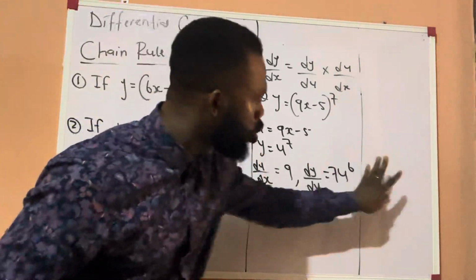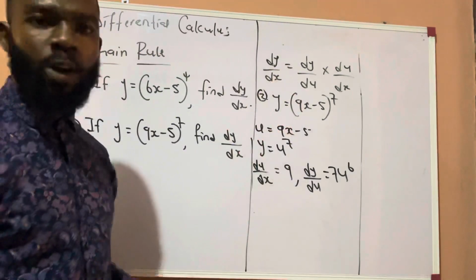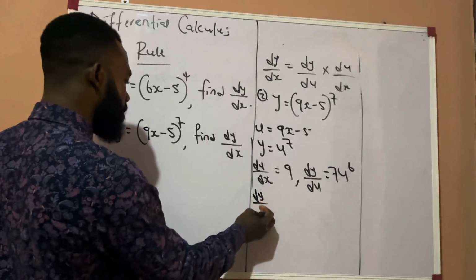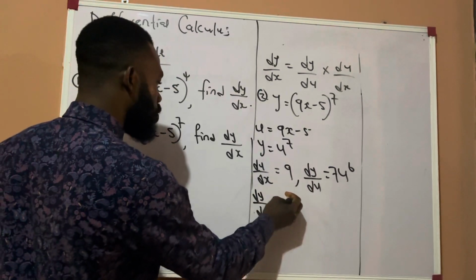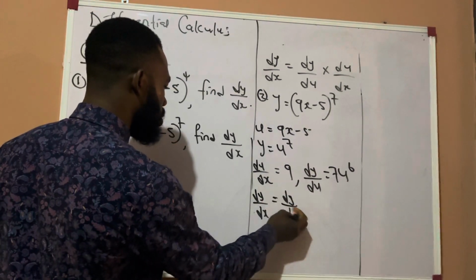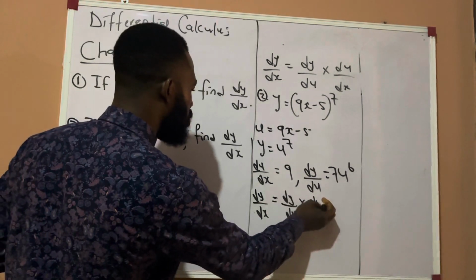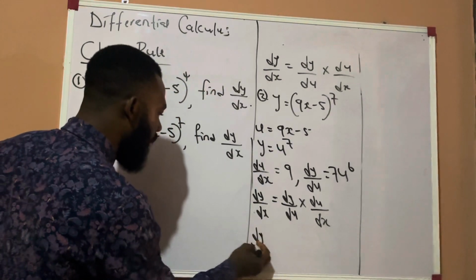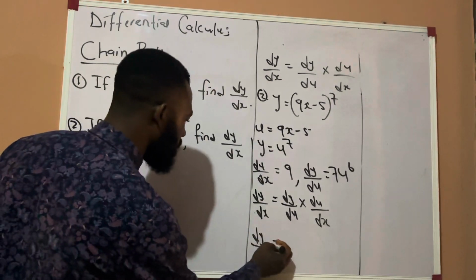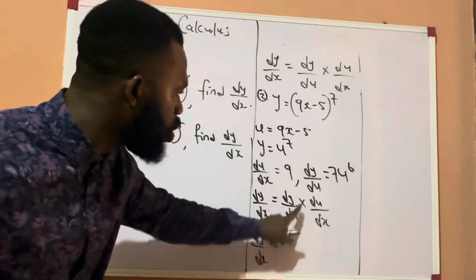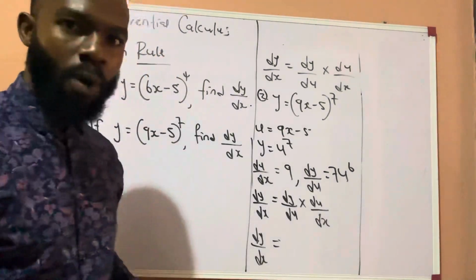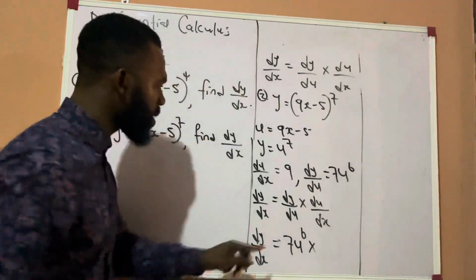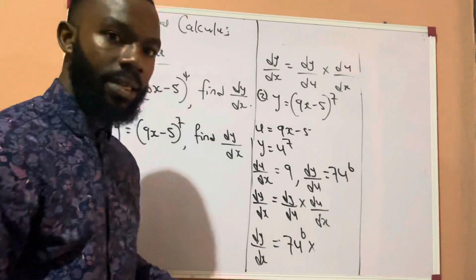And I told you once you do this, the next thing you do is to apply your formula for chain rule. Now the formula says dy over dx is equal to dy over du times du over dx. Now following this formula, dy over du here is 7u raised to the power 6. So I have 7u raised to the power 6 times du over dx, which is 9.